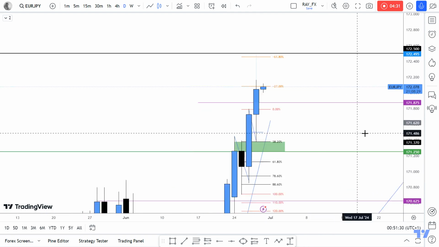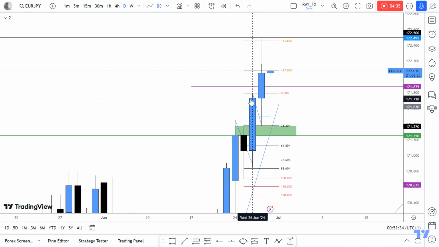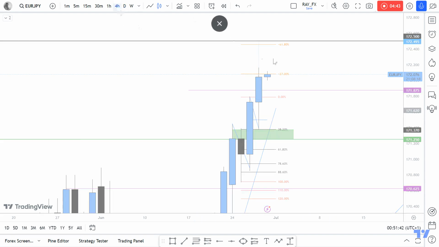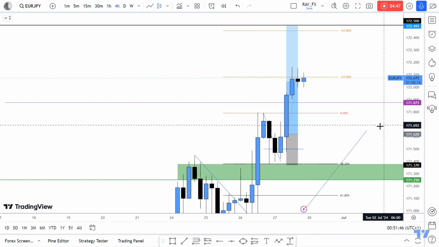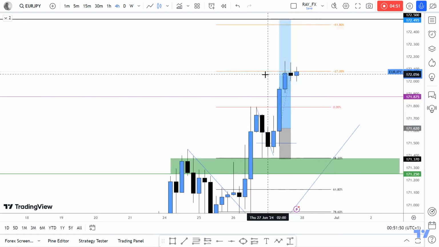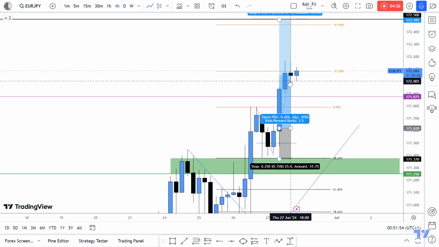Analysis wise, we can see the daily candle closed quite bullish yesterday, which means we are still in a buying type setup. The 4 hour structure is still bullish. Looking at how price is reacting to the negative 27% area, the 1 week didn't close above, pushed again, and didn't close above.